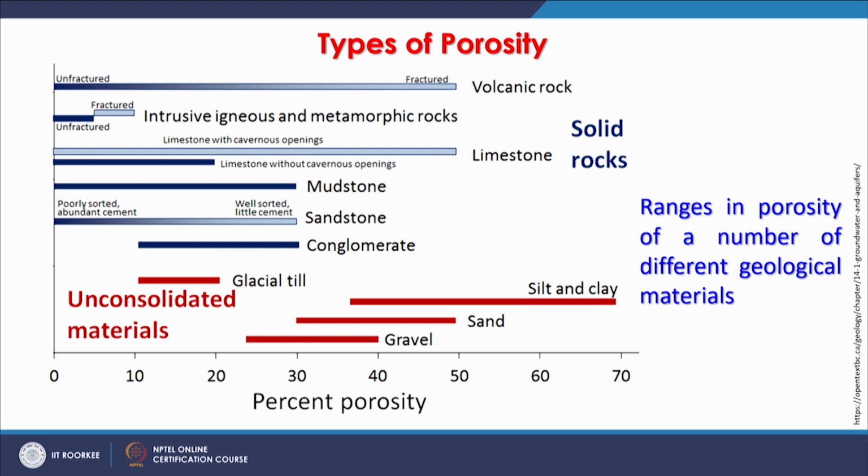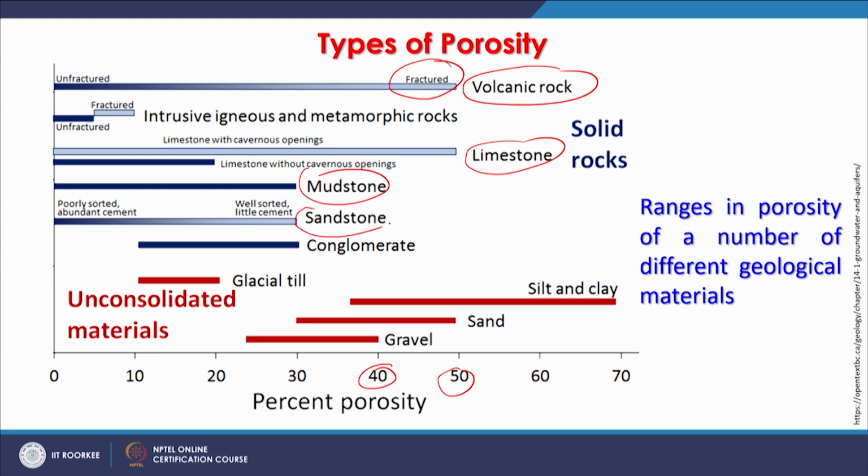Now, average values are presented here. If we take volcanic rocks and they are fractured, then at this extreme we can have between 40 to 50% porosity. Similarly, in case of limestone, our porosity is going to be further high. Mudstone has more clayey material, and therefore porosity is going to be 30%.